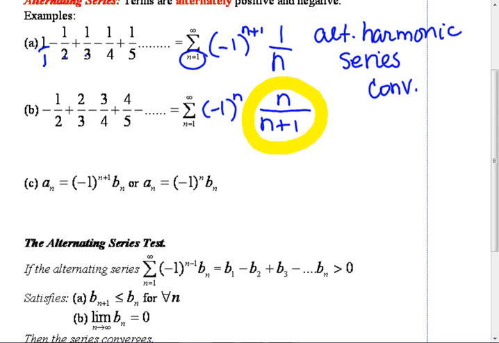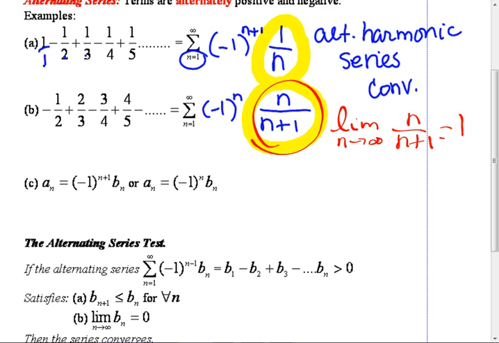This one did. Okay, so we were okay. But the limit of that sequence, the limit of n over n plus 1 as n goes to infinity, is what? 1. So guess what? It diverges. I don't care if it's alternating or not. It makes no difference. You always look at this. Okay, Grant? If the limit of the sequence is not 0, then it diverges. I don't care what the signs do.